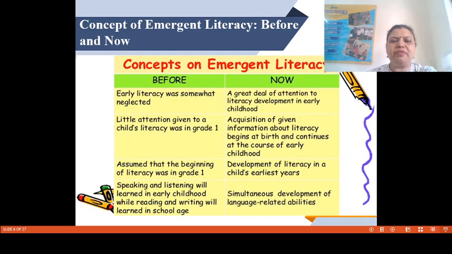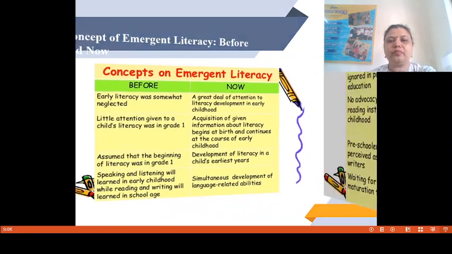Before the concept of emergent literacy, speaking and listening were learned in early childhood, while reading and writing were learned at school age. Whereas in the case of emergent literacy nowadays, simultaneous development of language related abilities takes place.